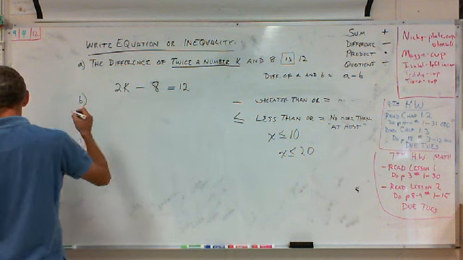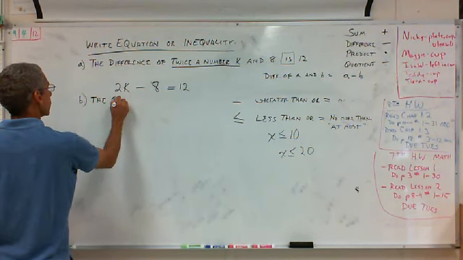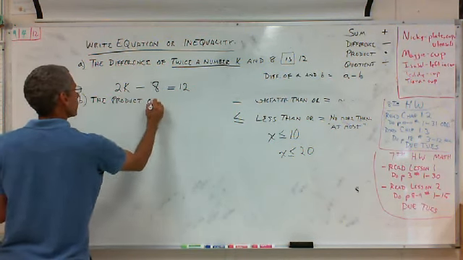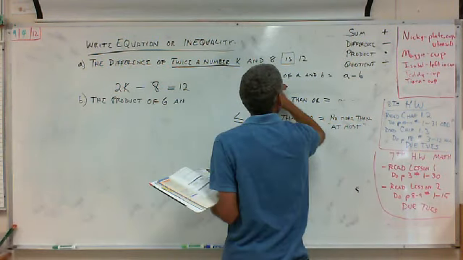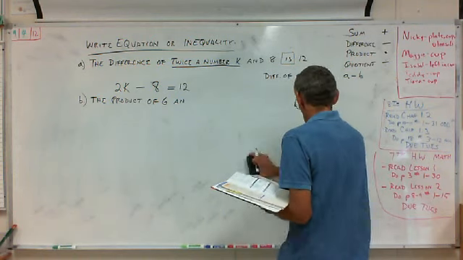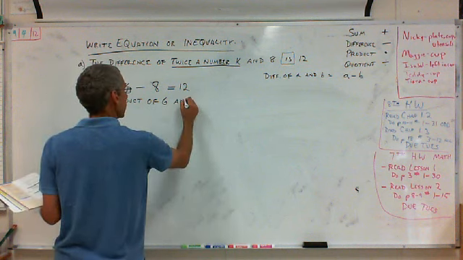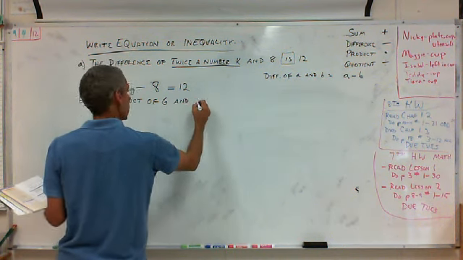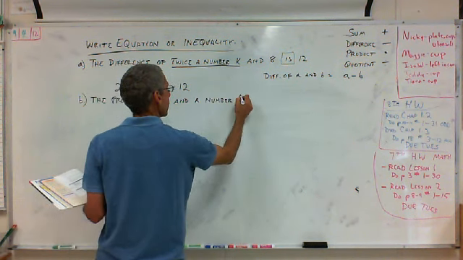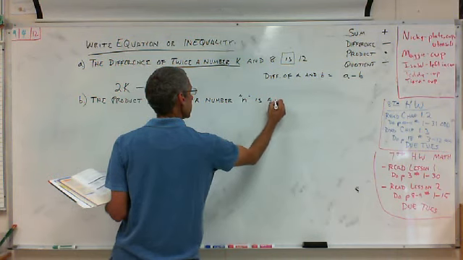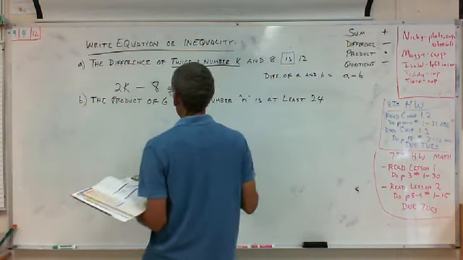The product of 6 and a number n is at least 24. The product of 6 and a number n is at least 24. There's that at least again.